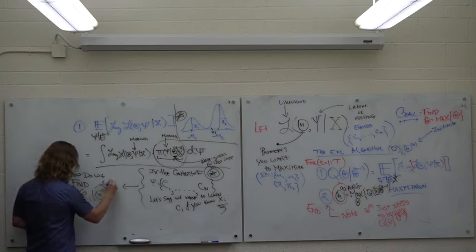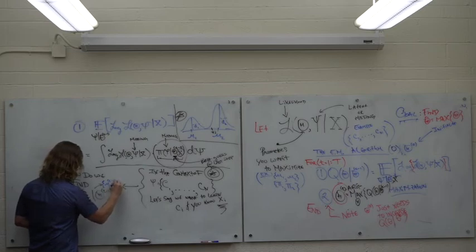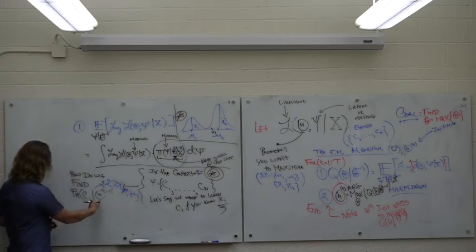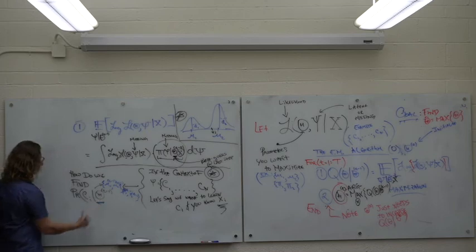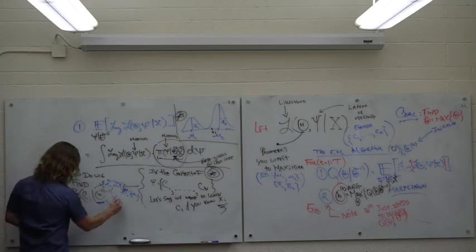That's mu t minus 1, 1 and 2, and pi 1, t minus 1, and pi 2, t minus 1. So that's what this is right here.